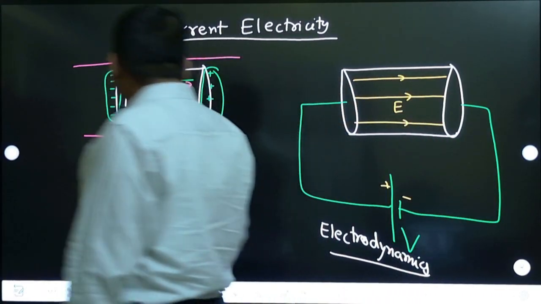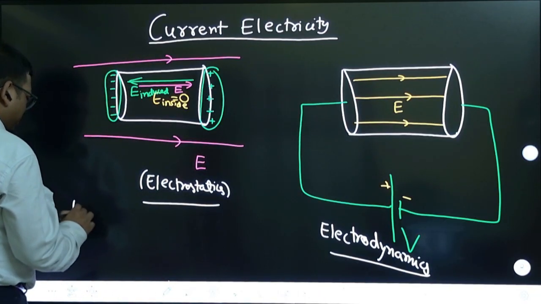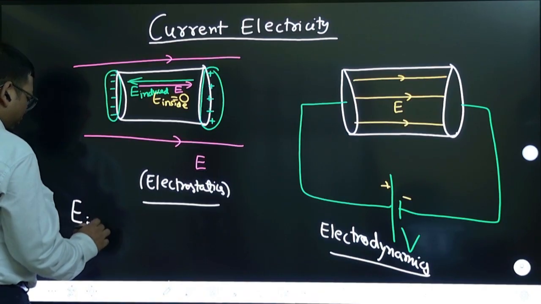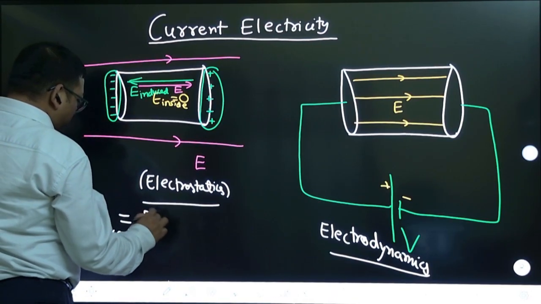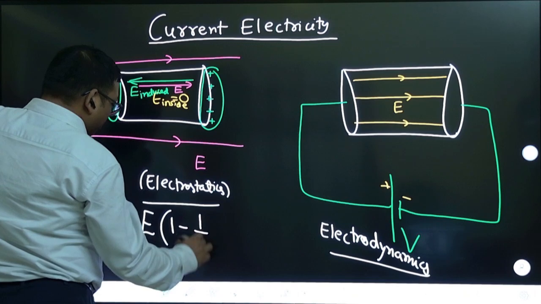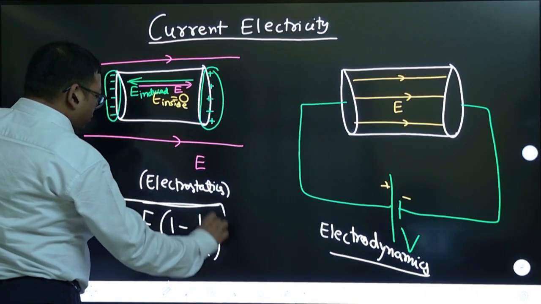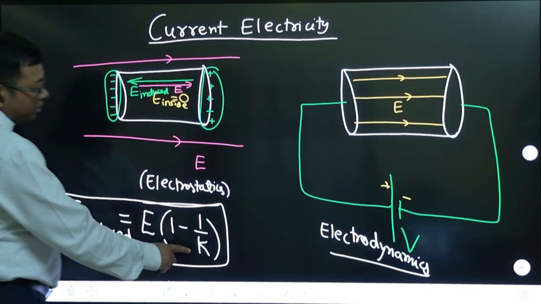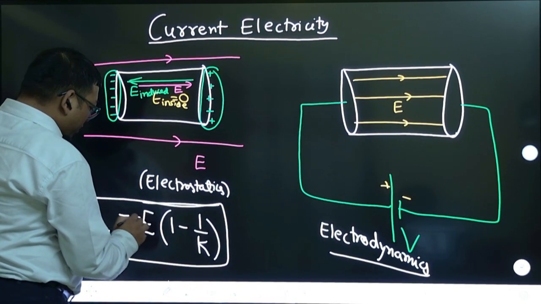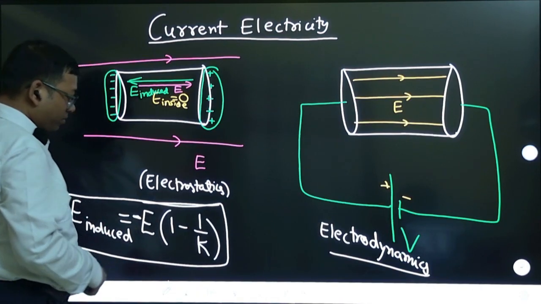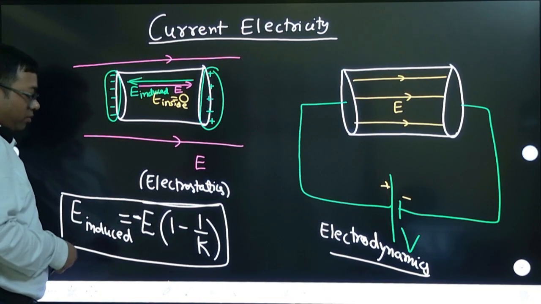Also note that if this is not a metal, if this is not a conductor, then the induced field is given as the external field times 1 minus 1 by k, where k is the dielectric constant. For metals, you know, the dielectric constant is infinity, right? And you may put a minus sign here to show that the induced field is opposite to the external field.